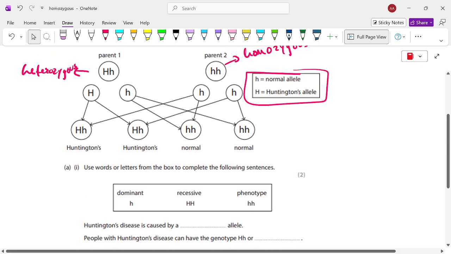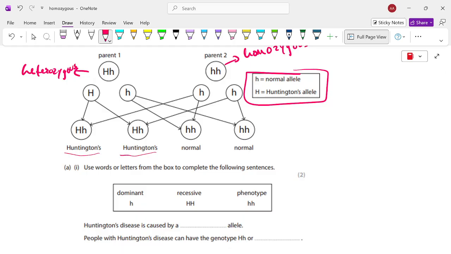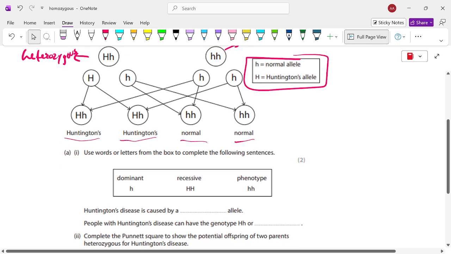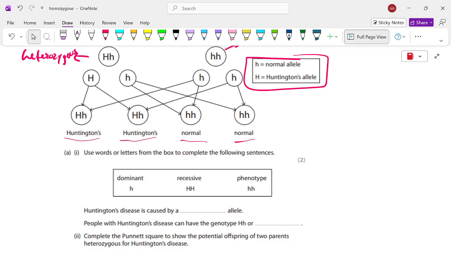Anything with capital H is giving us the Huntington's disease, okay, while anything with the normal h, both of them homozygous, gives us the normal kid, okay, which means that the capital H allele for Huntington's disease is the dominant allele, okay, this is dominant.